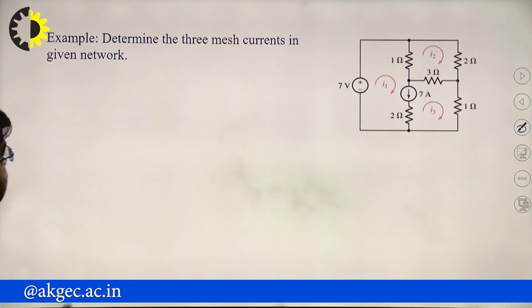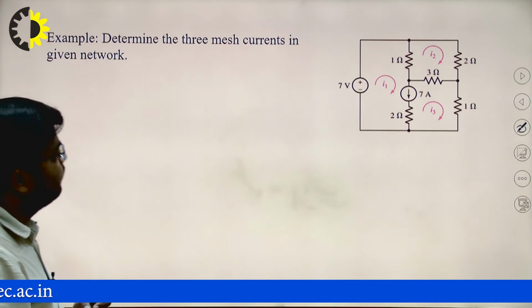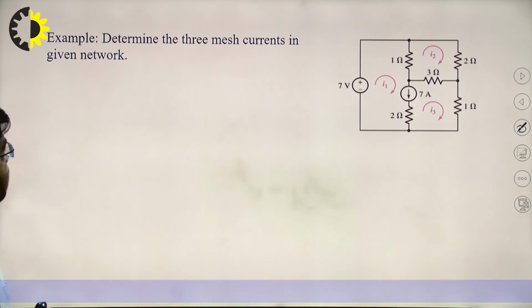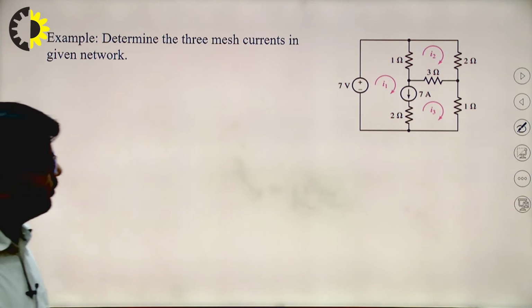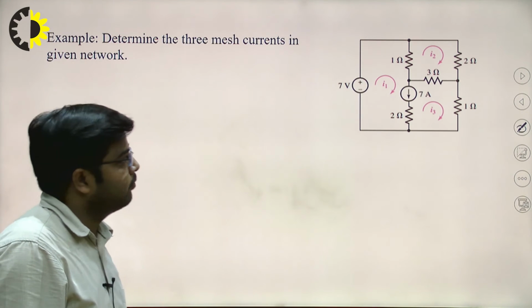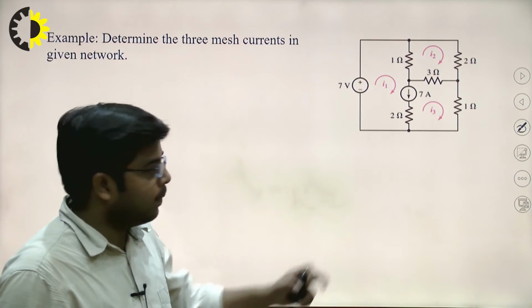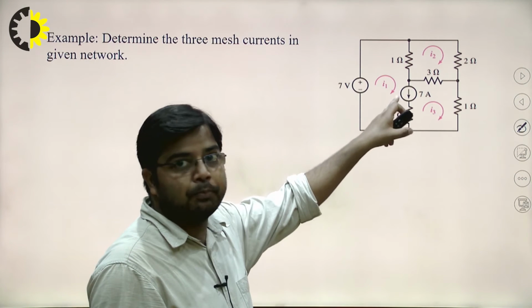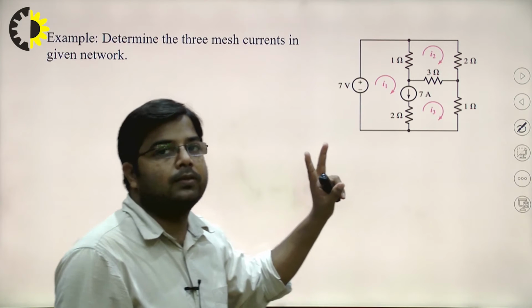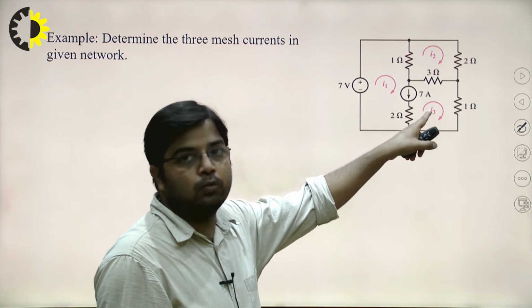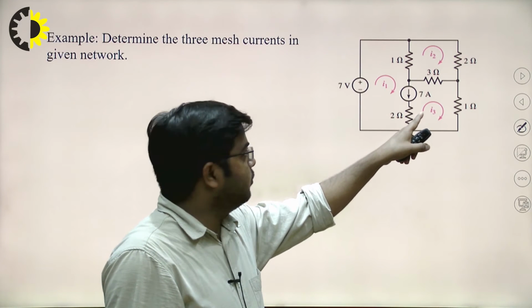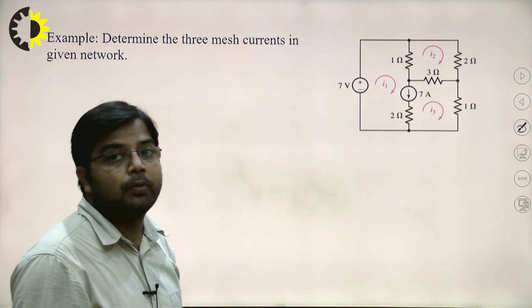So this is another example. Determine the 3 mesh currents in the given network. In this network you can see one current source is present between mesh number 1 and mesh number 2. So there will be a super mesh.